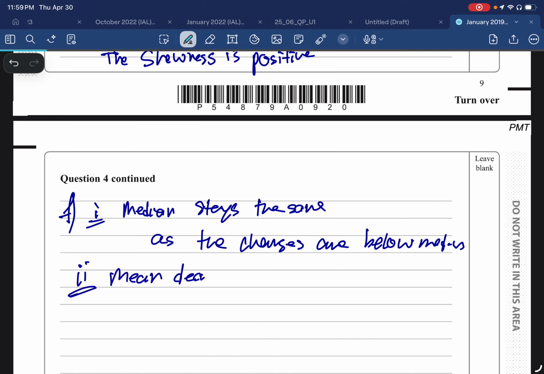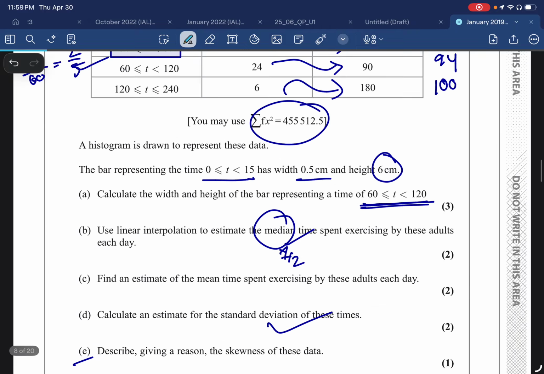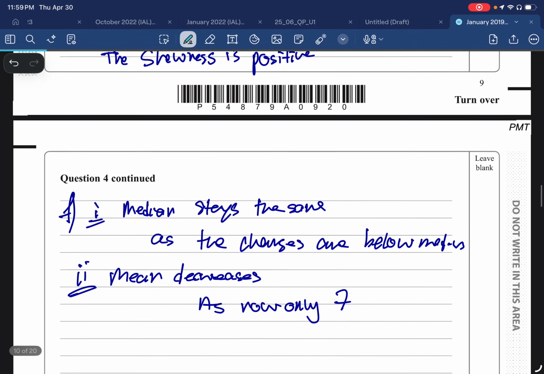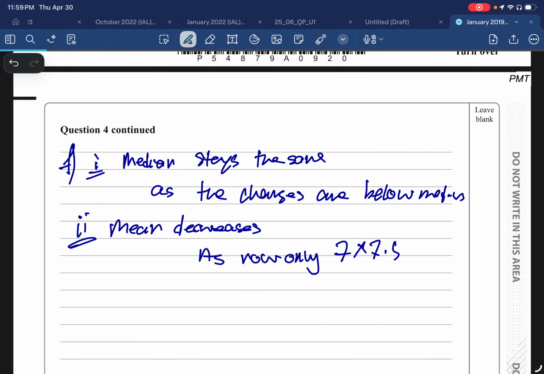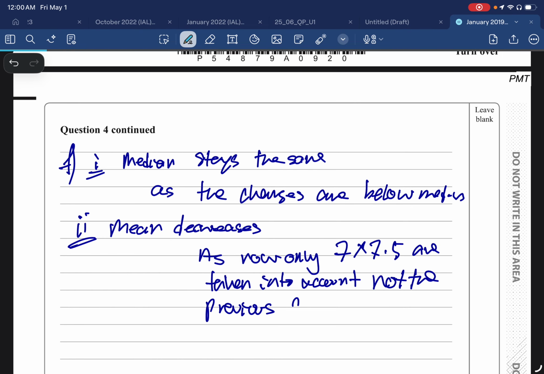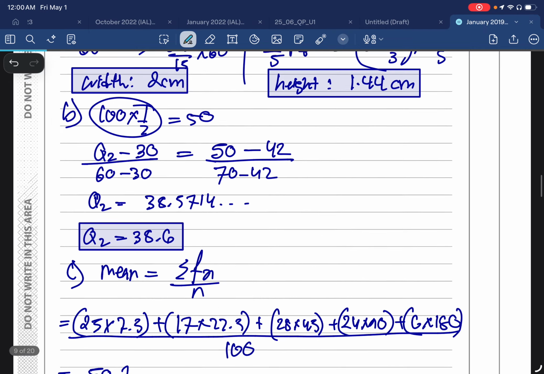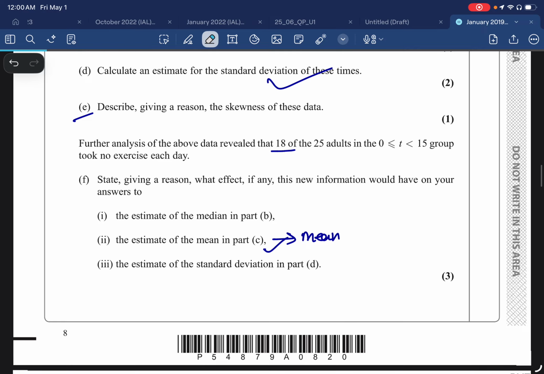Mean decreases as now only 7 times 7.5, because that is the fx, are taken into account, not the previous 25 times 7.5. And what was the last thing they asked? Standard deviation, yep.